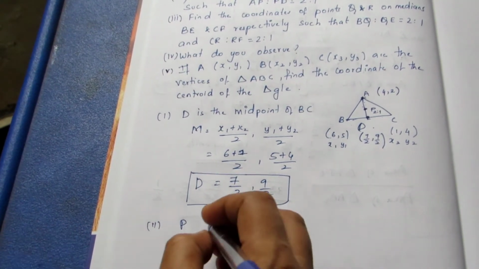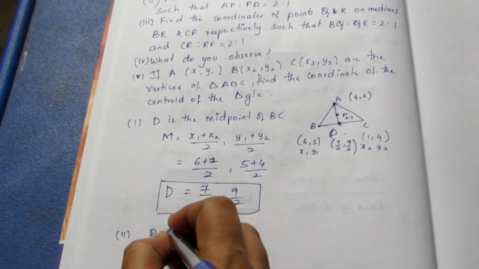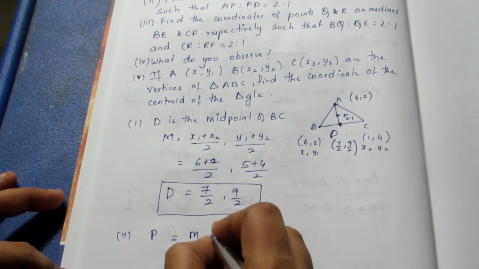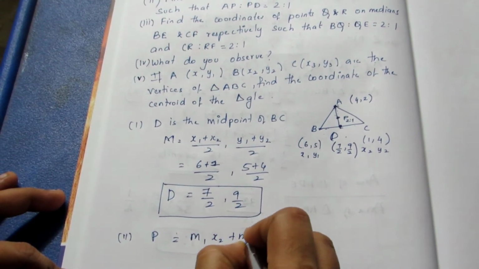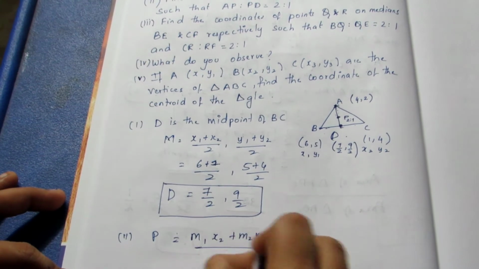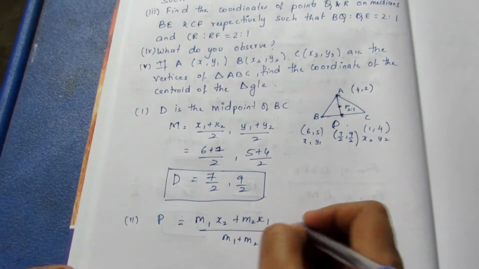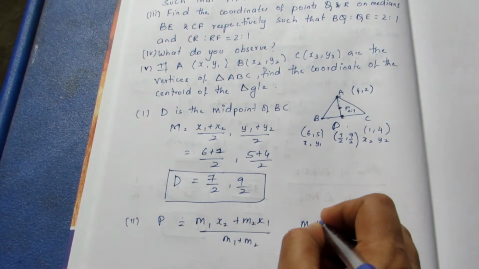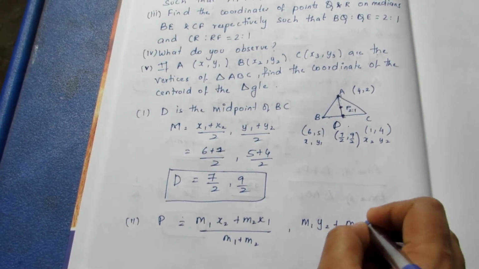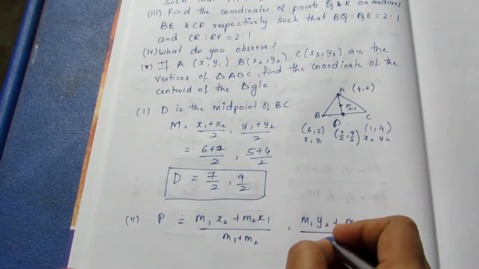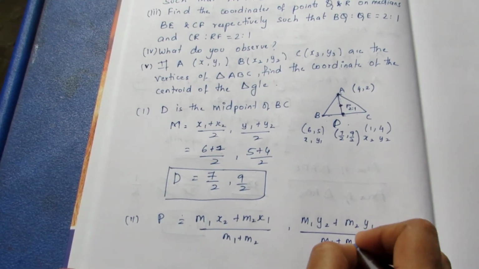The formula is (M1 x2 plus M2 x1) by (M1 plus M2). For Y, it is (M1 y2 plus M2 y1) by (M1 plus M2).